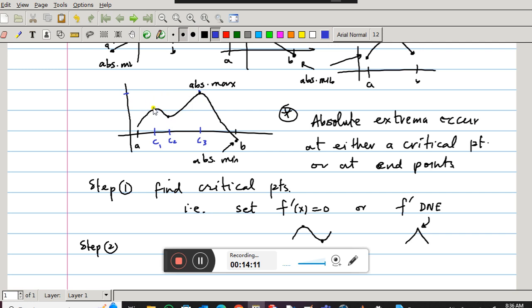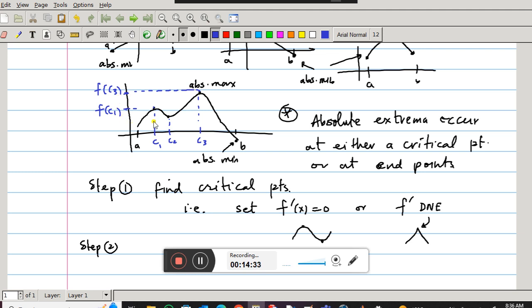These are the critical points, the top point, bottom point, top point. Agree? These are the critical points where you have the turning points, right? Critical points can be maximum or minimum, but critical points are all these points.